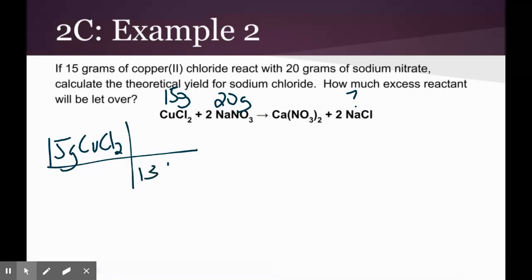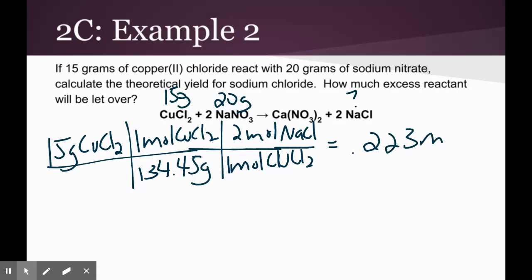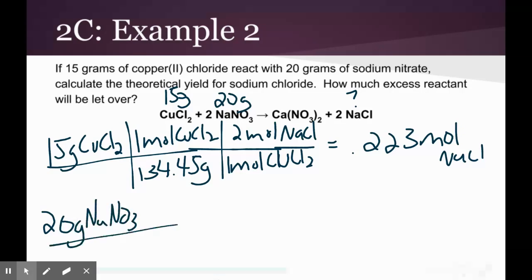Use the molar mass to convert from grams to moles of copper chloride, and then the mole ratio to go from moles of copper chloride to moles of NaCl. Okay. So when you do that, you get 0.223 moles of NaCl.